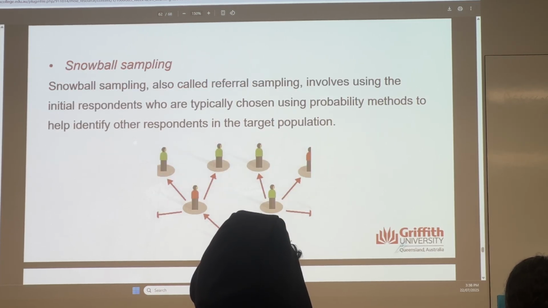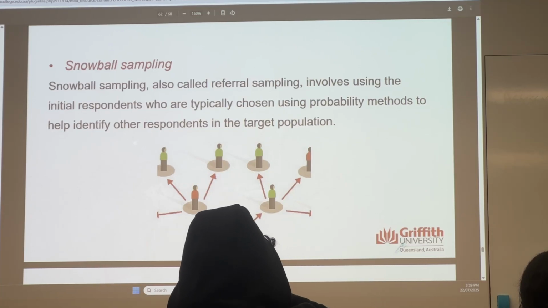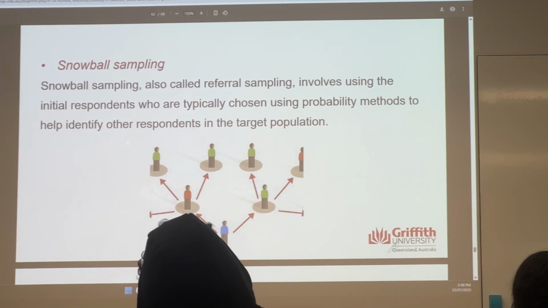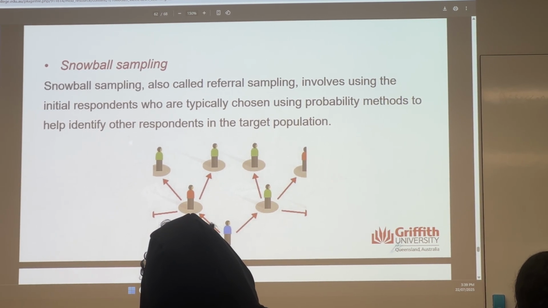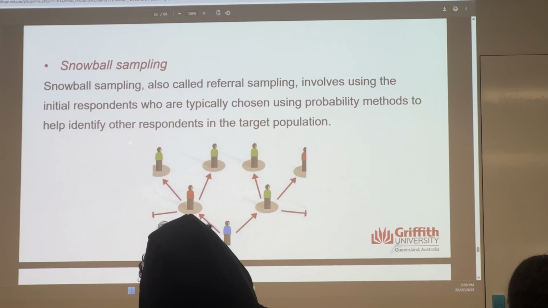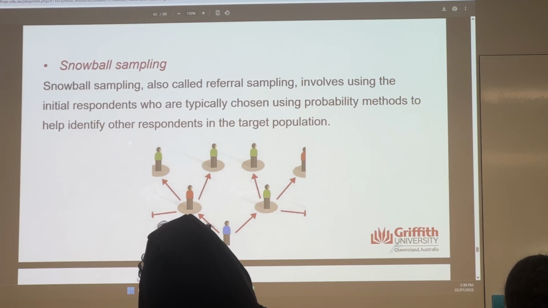Snowballing is called referral sampling. It involves using initial respondents, who are typically chosen using probability methods, to help identify others. Sometimes we don't know others, especially people who use drugs. If you know someone using drugs, maybe through police or a hospital, you can ask, can you introduce one more person, because we want to get some data, and probably he knows others who take drugs.